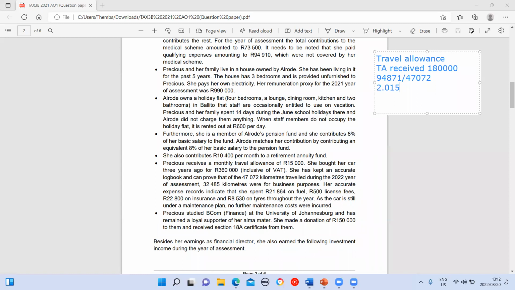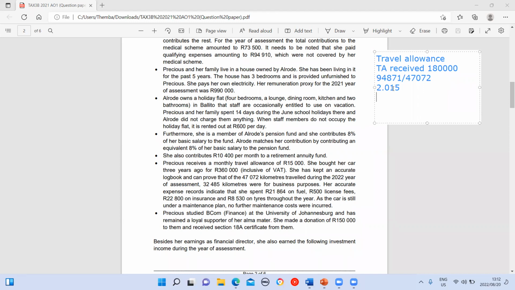Now the other sections of the deemed rates are the fuel cost and the maintenance cost. The fuel cost and the maintenance cost are measured in cents. So we'll convert these cents to rands, but still use 3 decimal places to represent them.